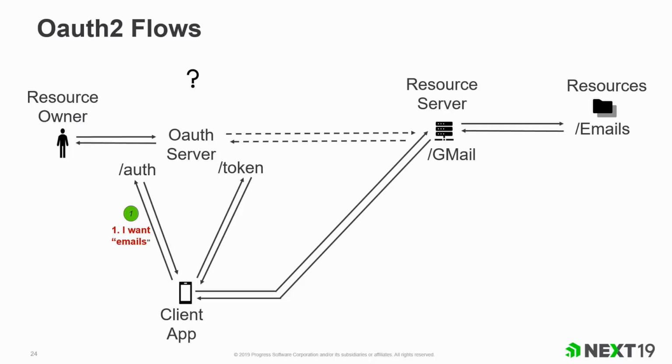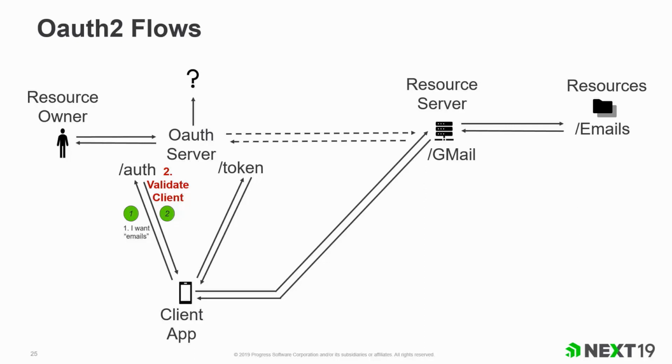If it's the grant flow, then that client is registered to the authorization server, the OAuth server, and they want to use a resource. And so the second step is to validate that client. So in the OAuth 2 flow, it authenticates that client. The resource owner's credentials are never shared with the client.